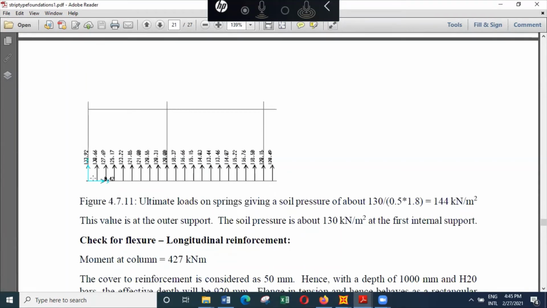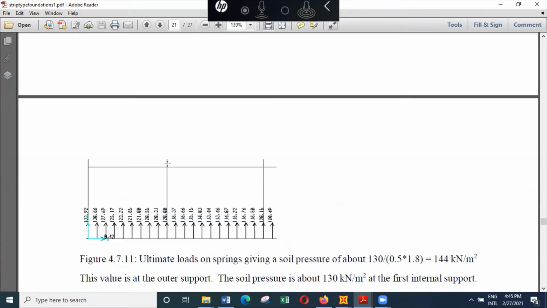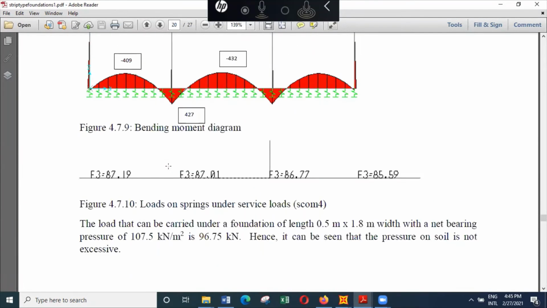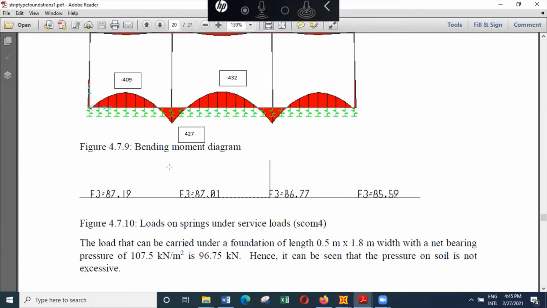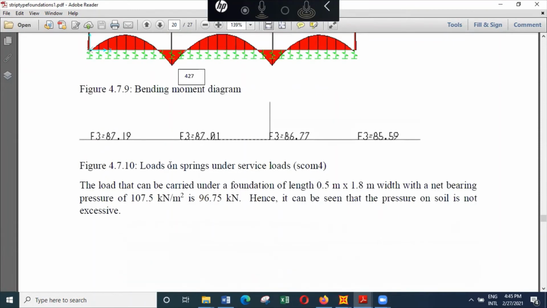If you look at the ultimate loads on the springs, in this area it's about 144 kilonewtons per meter squared, whereas in this area it is about 130 kilonewtons per meter squared. These values will be useful when you are dealing with the shear calculations. So this is the modeling part and the foundation on springs.